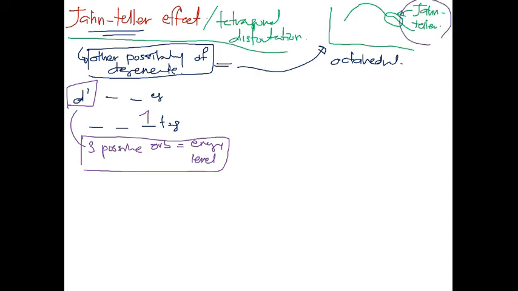Other than that, let's look at D2. What happens when you have a D2 complex? Do you have other possibilities of degeneracy?